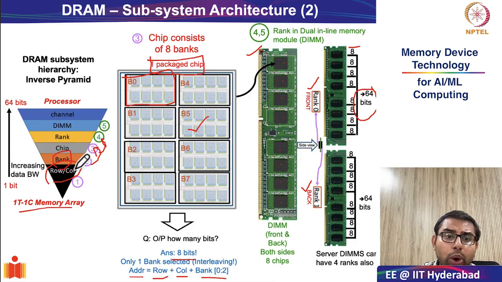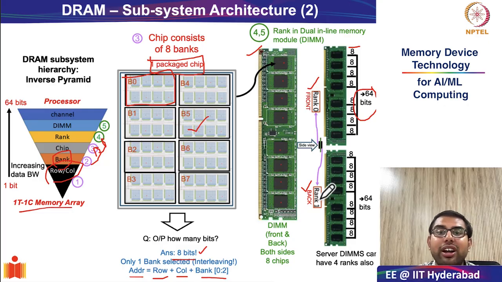So the number of bits coming from one chip is only 8 bits. And since a rank consists of 8 such chips, the total number of bits given out of a single rank is 64 bits. Now, at a time, only one of these ranks is active. So either rank 0 or rank 1 is active at one time.